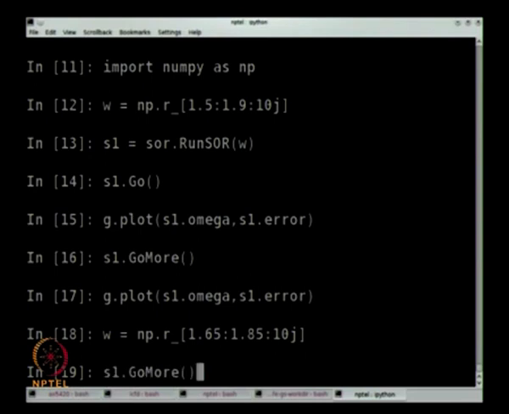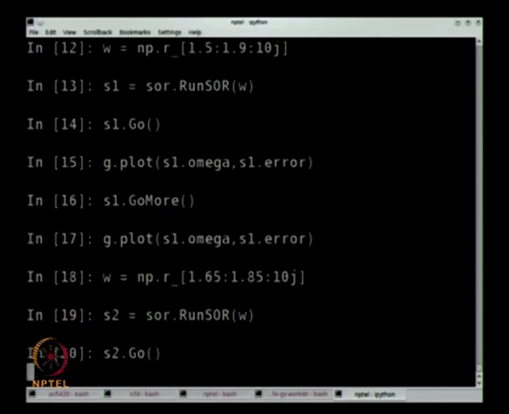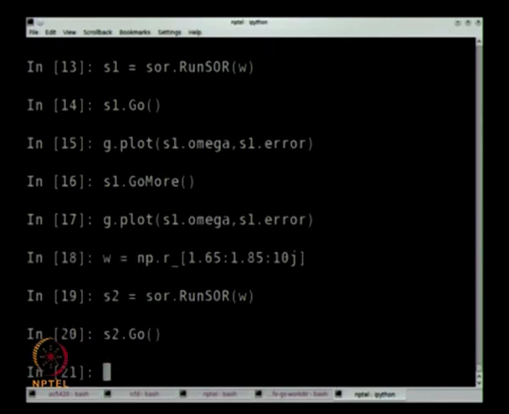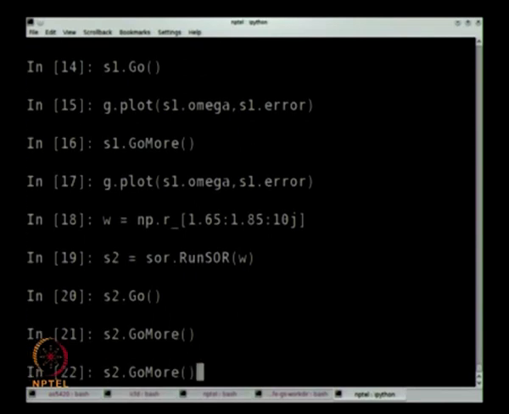So now I will create a S2. That does only 10, that's no good. So we will do an S2, go more, and we will plot S2.